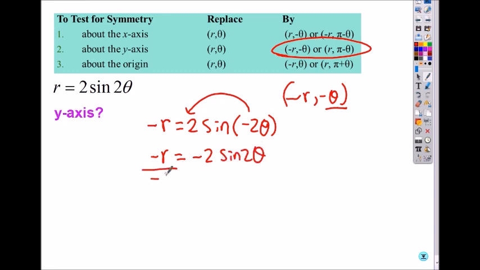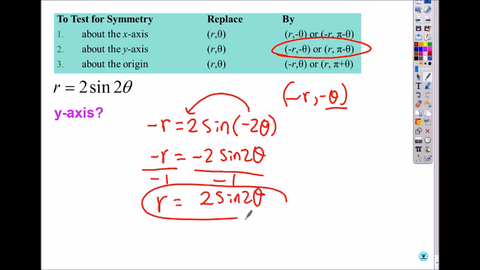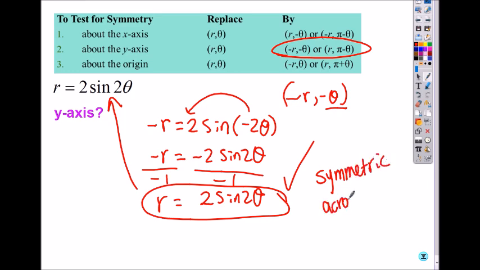When you divide by negative 1 from both sides, r becomes 2 sine of 2 theta, which is our original equation. So yes, this one is symmetric across the y-axis, which is theta equals pi over 2.